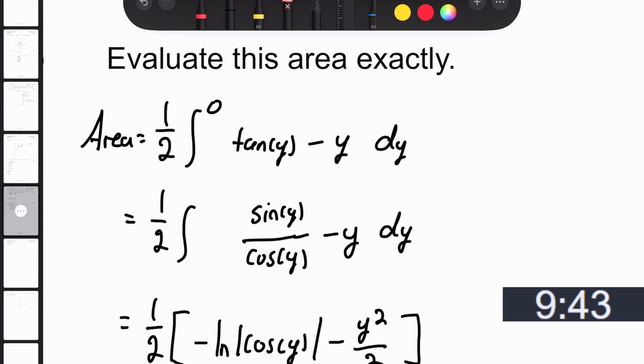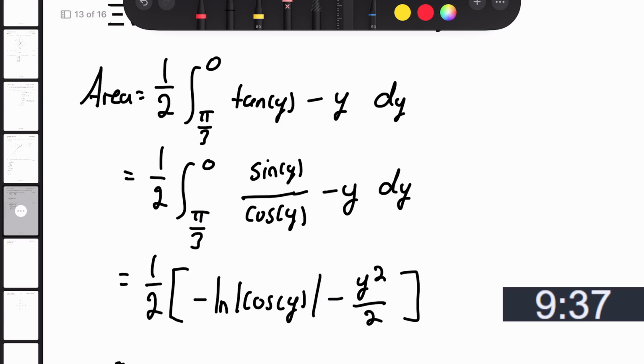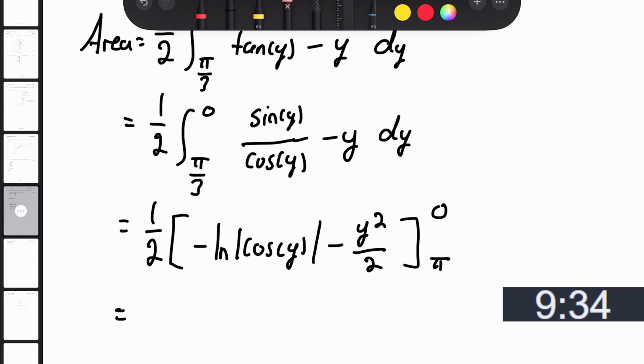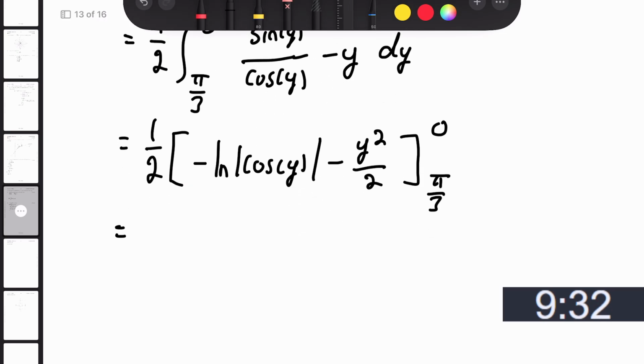0, pi on 3. And this will be 0, and this will be pi on 3. So this will be half of 0 minus... because that'll be ln of 1.